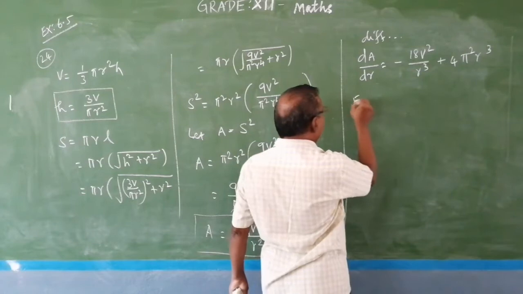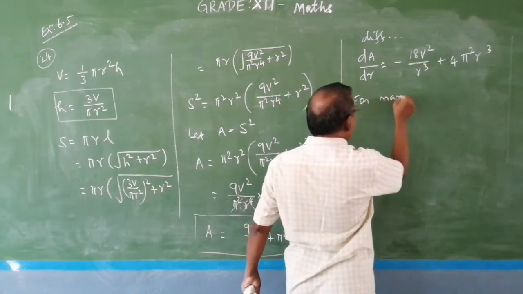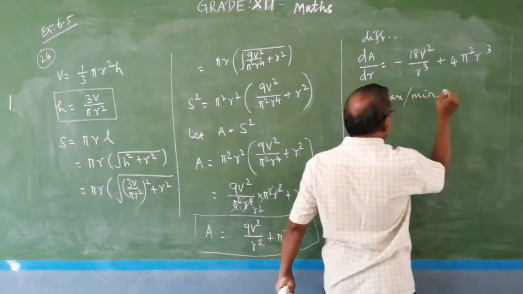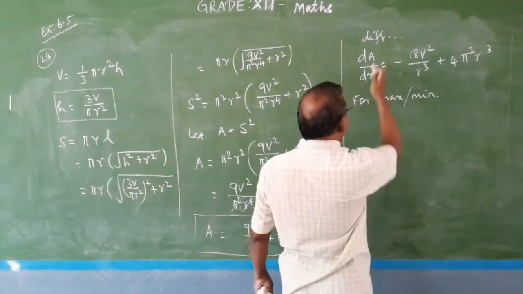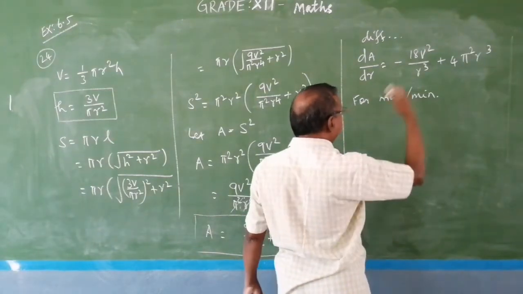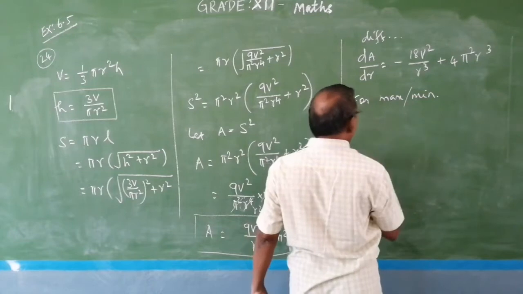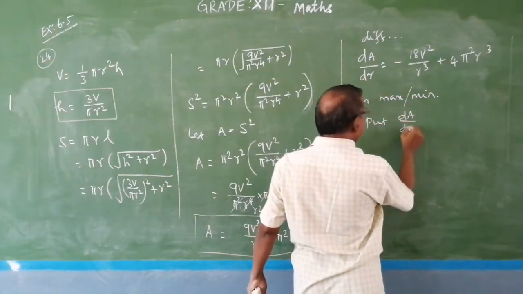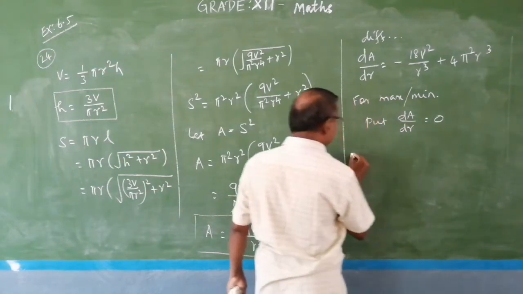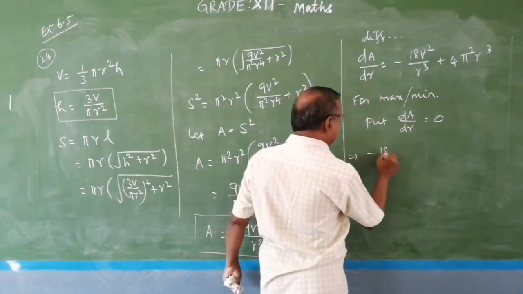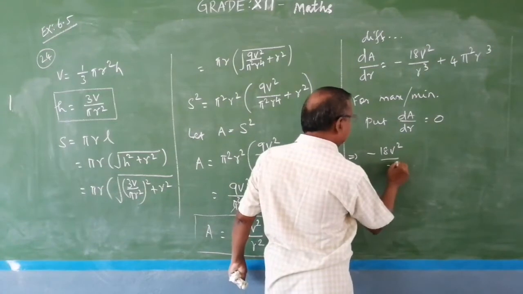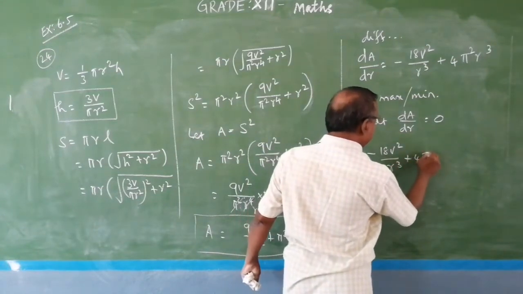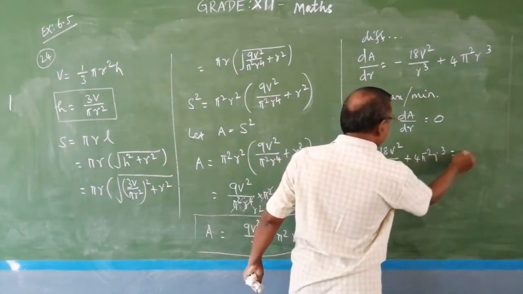For maximum or minimum, we have to put the first derivative dA by dr equal to 0 in order to find the critical value, that is the r value. So put dA by dr equal to 0. So minus 18V square by r cube plus 4 pi square r cube equal to 0.